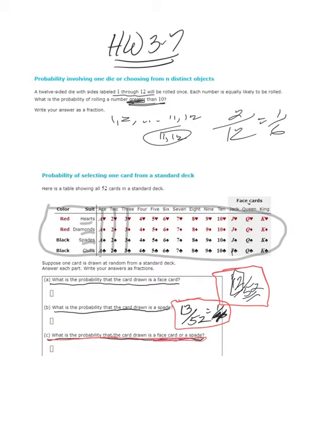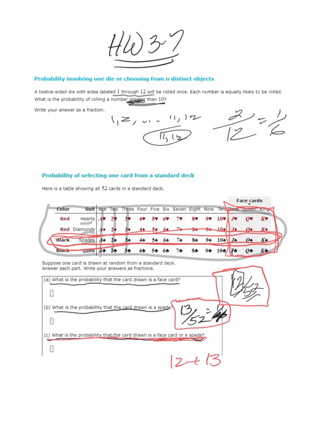All right, so my face cards, let's just think about it here. Here are the face cards. Here are the spades. So I have 12 chances there, and I have 13 chances here.